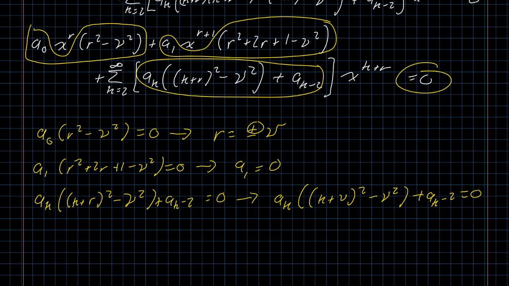Right, now if I multiply that out, (k plus nu) squared is k squared plus 2k nu plus nu squared, and then we minus nu squared.